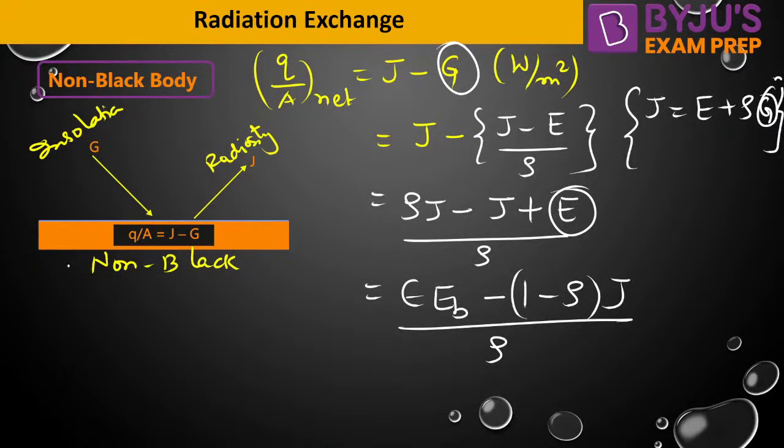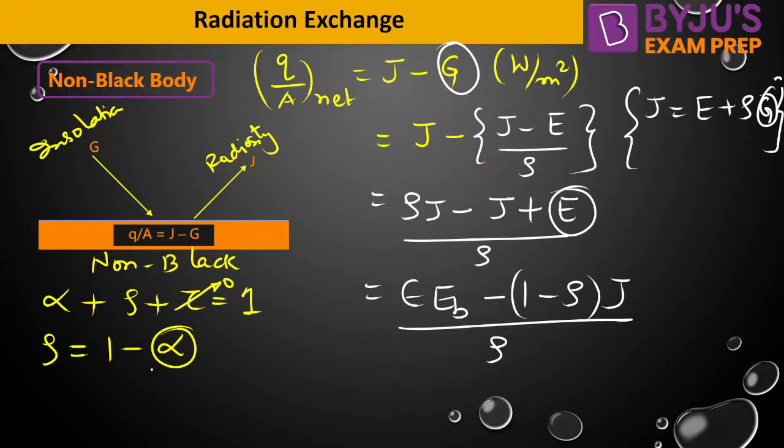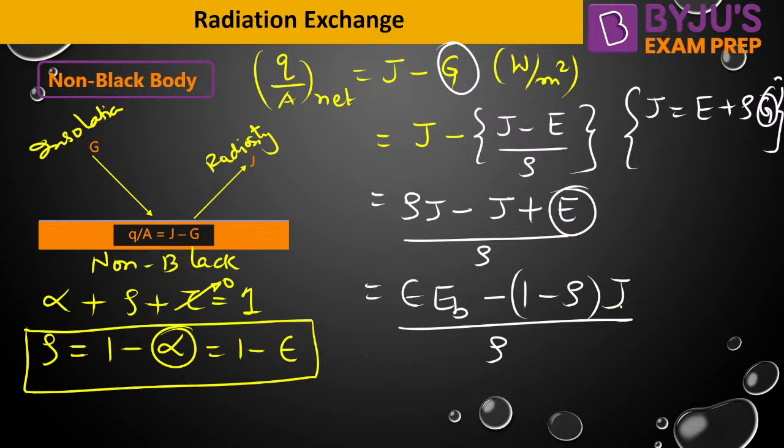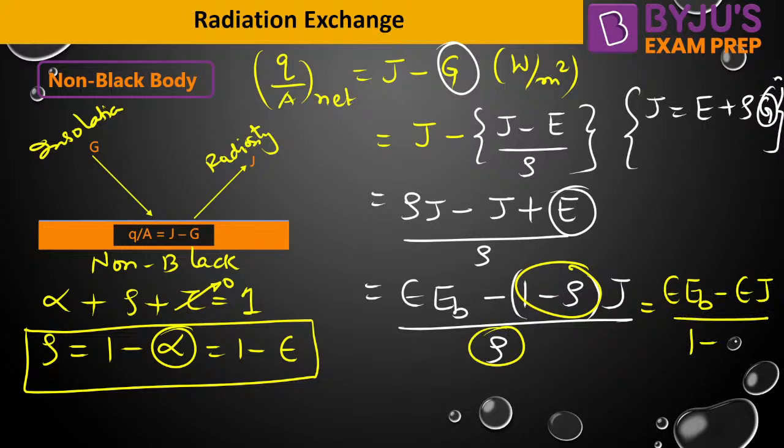As we know, alpha plus rho plus tau is equal to 1 for all surfaces, and tau is equal to 0 because the surfaces are opaque to thermal radiation. So rho is equal to 1 minus alpha, and according to Kirchhoff's law of radiation, it can be written as 1 minus epsilon, isn't it? Rho is equal to 1 minus epsilon. So 1 minus rho is equal to epsilon. So that can be written as epsilon EB minus epsilon J upon rho, where rho is 1 minus epsilon.